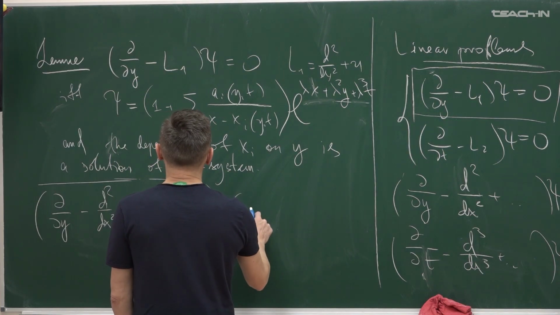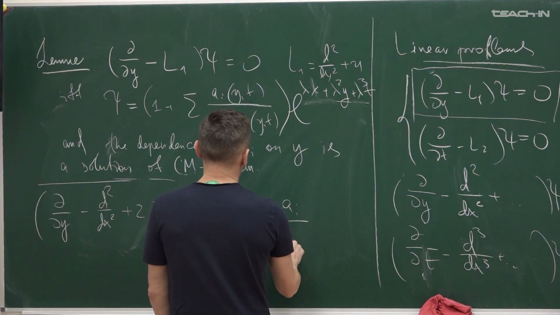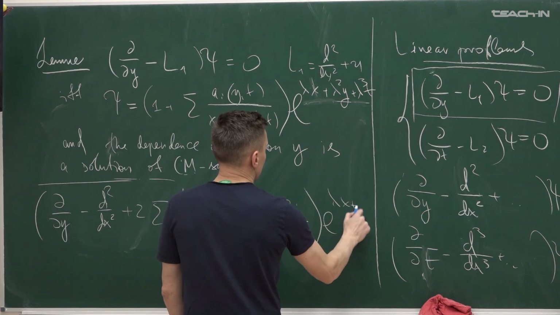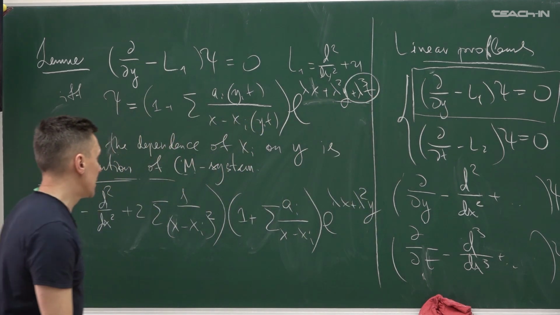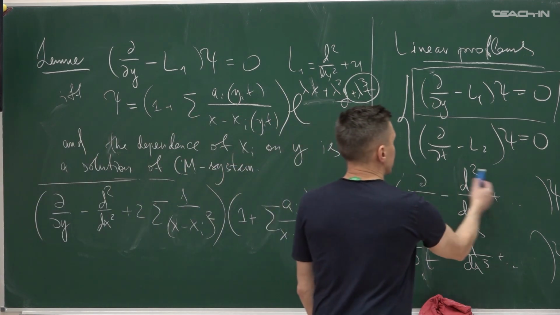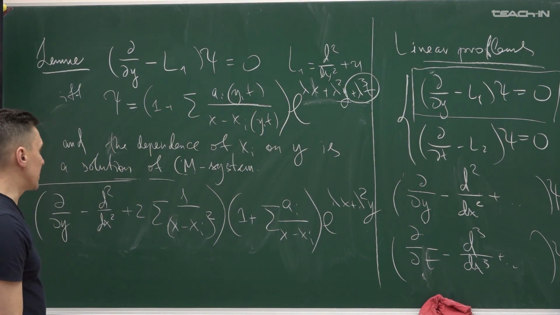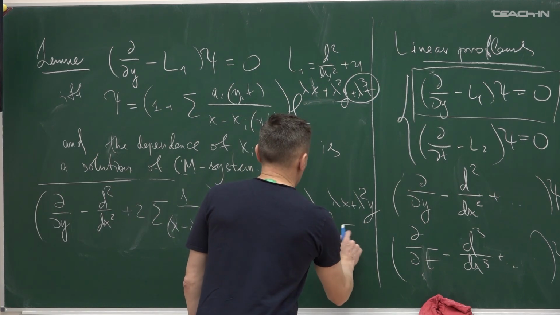Psi is 1 plus ai x minus xi lambda x plus lambda square y. I don't write this asymptotic term. It plays the role in the second equation of our zero curvature condition.